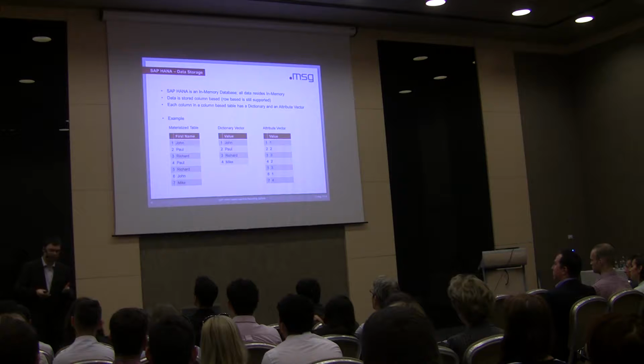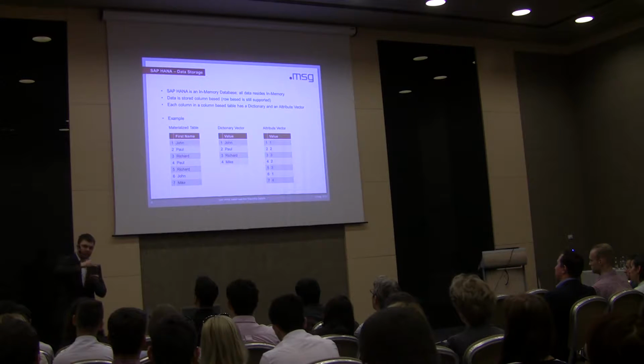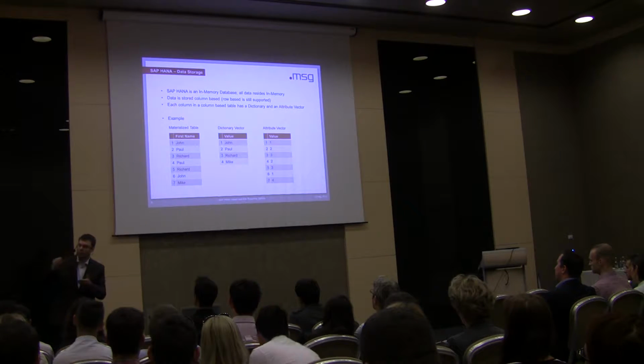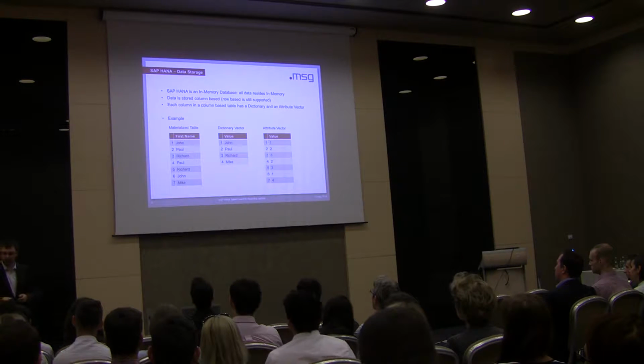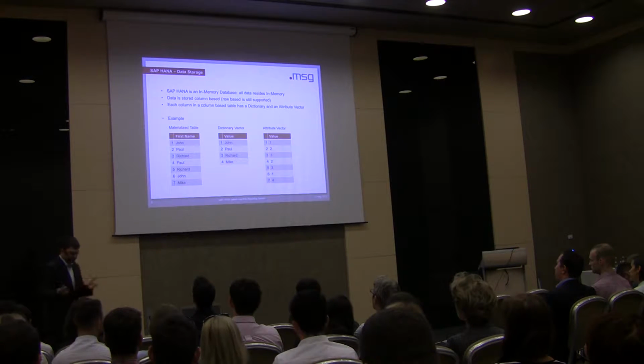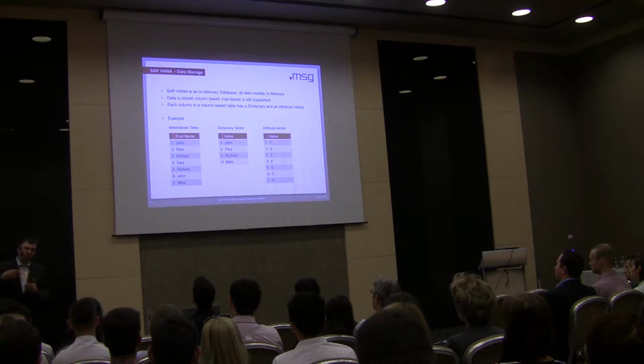If you have maybe first name, last name and birth date in your table, then really the first name, last name, birth date is stored, then the next data entry, first name, last name, birth date. SAP HANA stores most data column-based. So that means if we have the example again, all values of the first name column are stored behind each other.